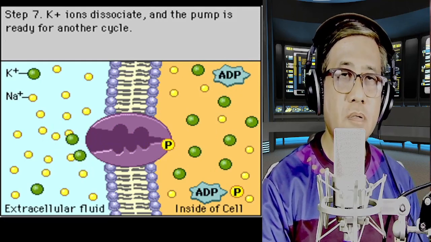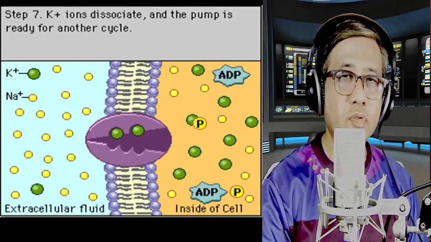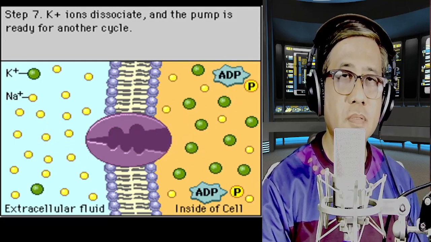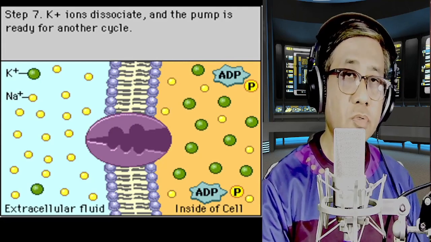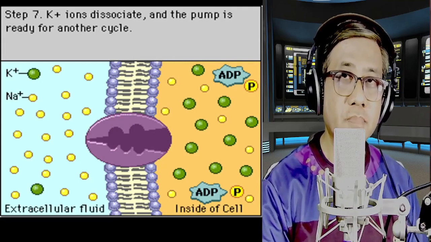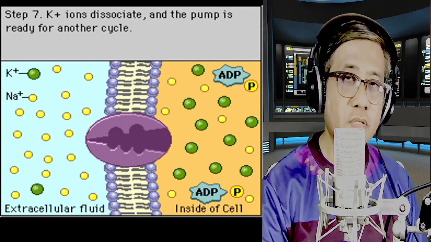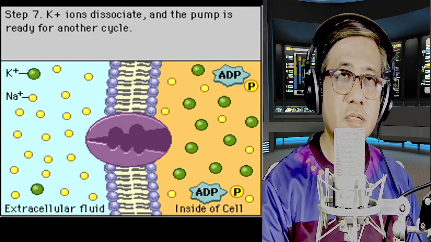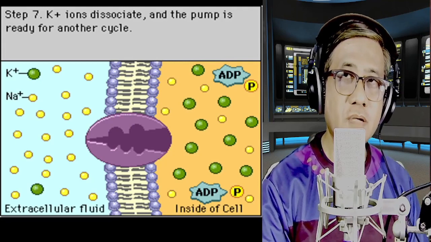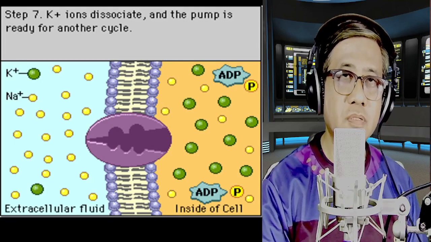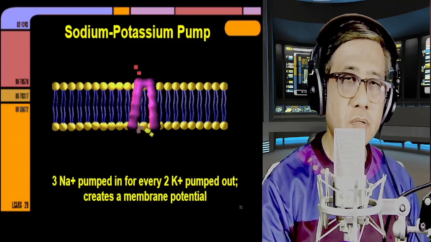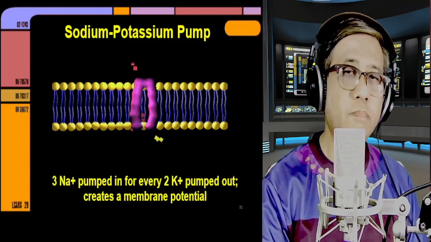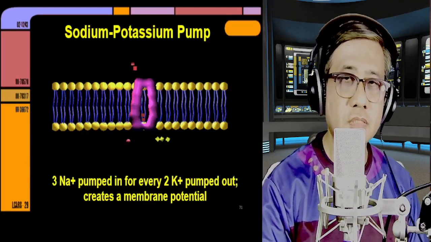Eventually you have an accumulation of sodium ions outside the cell, and an accumulation of potassium ions inside the cell. So this is an example of active transport, the sodium-potassium pump. 3 sodium ions are pumped out for every 2 potassium ions pumped into the cell.